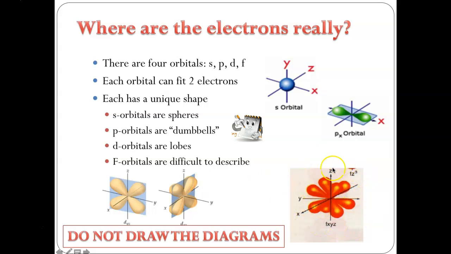And then the f orbitals just kind of go crazy a little. That's why they're the highest energy level, because there's so many different spots the electron can be. So these different orbitals show us where the electrons are most likely to be. If they're in an s orbital, they're most likely to be somewhere in this sphere.